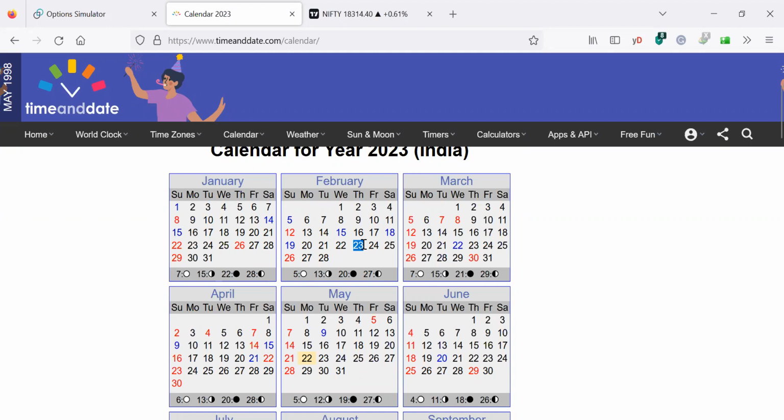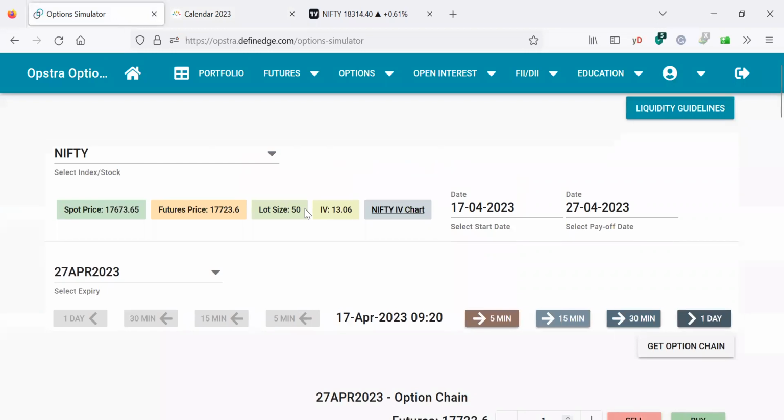The expiry will be 23rd of February, and in January, the expiry we have to select is a holiday, so 25 must be the expiry. So I have to create the strategy on 25 of January, and we'll be booking profits or adjusting till the 23rd of February. I hope you have got the dates, because we are going to create the monthly iron fly for the 23rd of February. Now I'll go to the simulator.